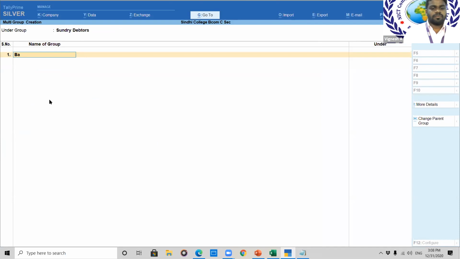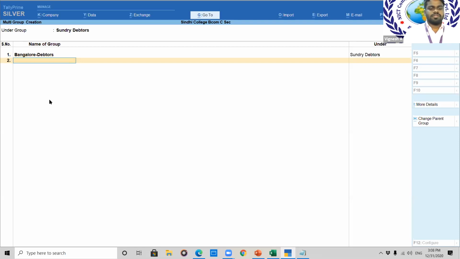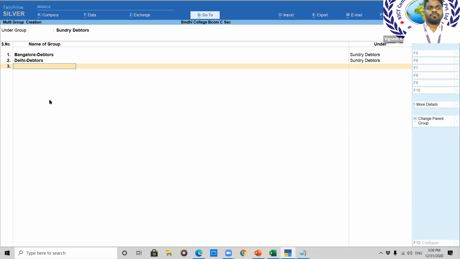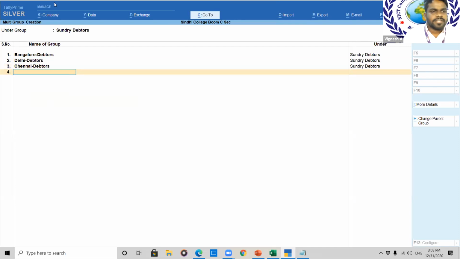First is your Bangalore debtors. Enter. Then Delhi debtors. Then Chennai debtors. Likewise, you can keep on adding in the group so that you can add once and create many.